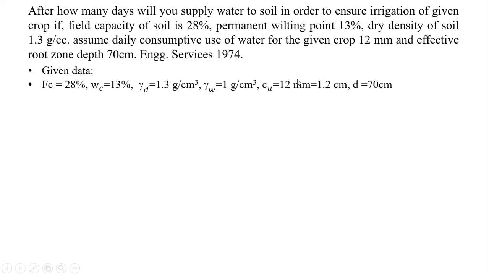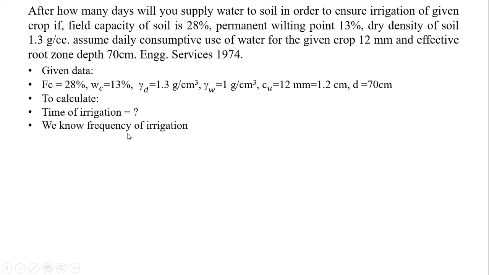Then consumptive use, CU, is 12 millimeter. I have converted it to cm because the other two units are in centimeters, so converted to centimeters, that is 1.2 centimeter. And the root zone depth, that is small d, is 70 centimeters. And what they asked is to calculate the time of irrigation. That is what is asked to calculate.